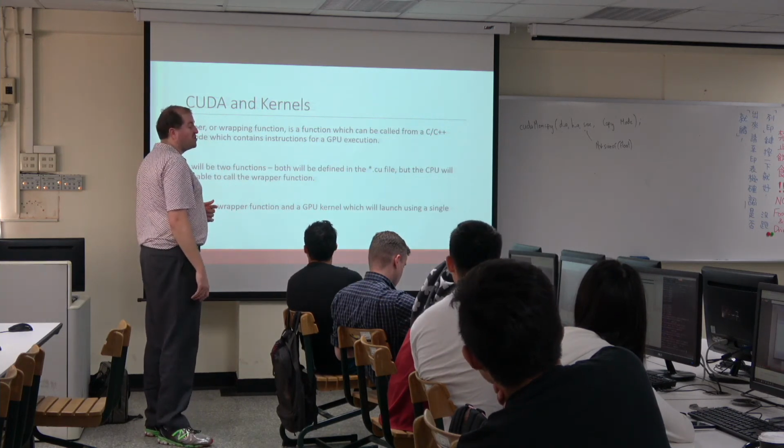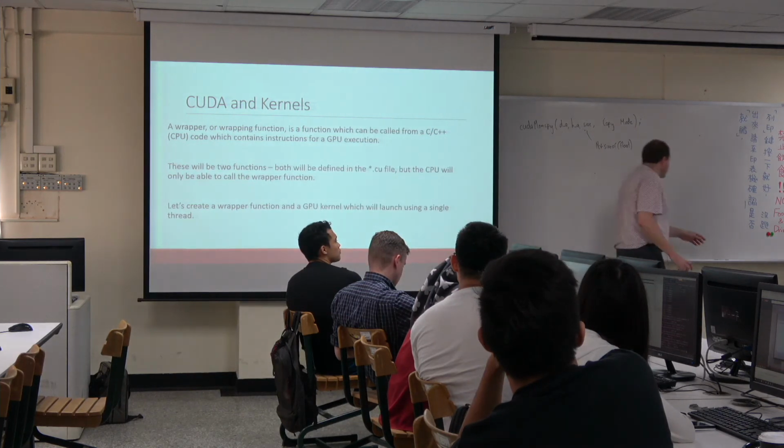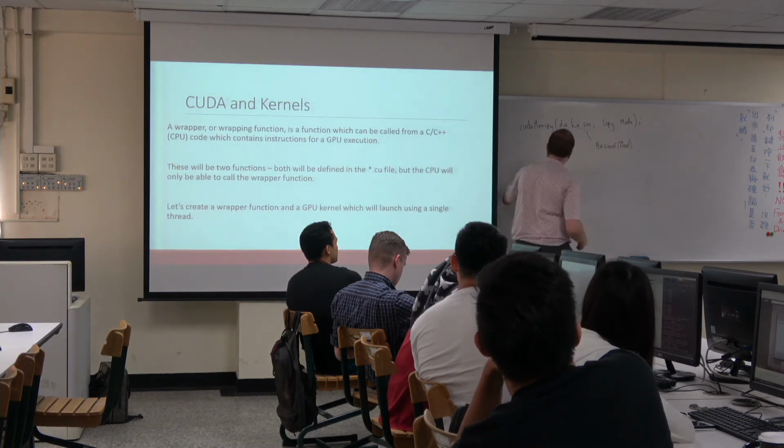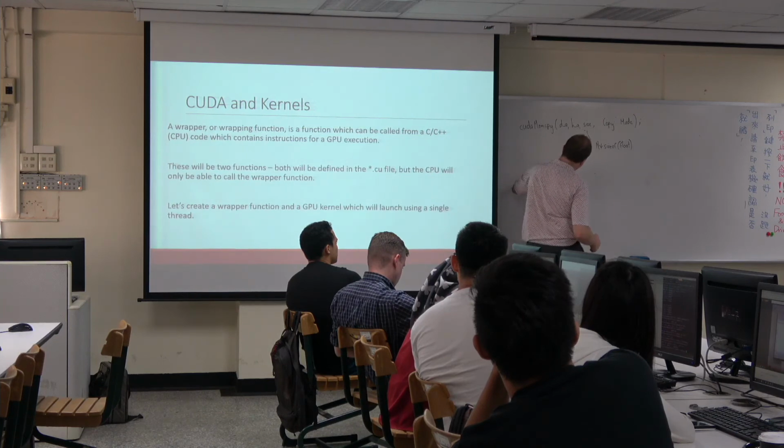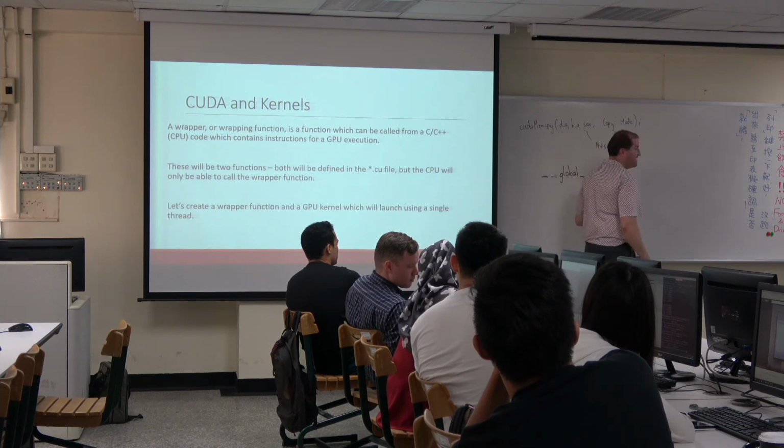The function that we use to launch our kernel is going to be the same. Let me write this down so you guys can see. Underscore, underscore, global, underscore, underscore, void. I need to pick a function name.